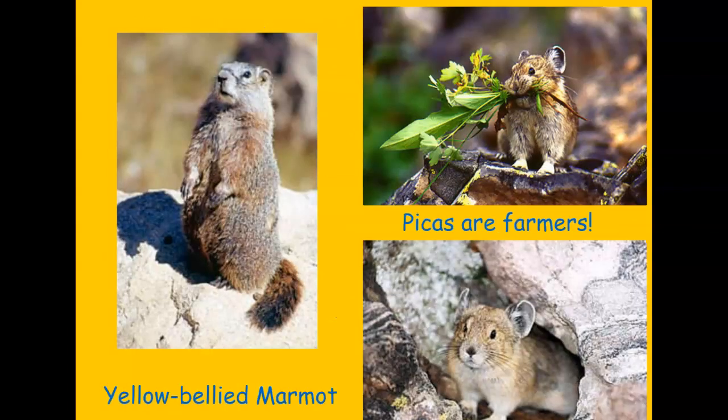So in the alpine, we have a lot of small mammals. We have a lot of animals in the rodent family. So we have pikas, we have marmots, and these are animals that are working very hard. The pika is thought to be the most efficient organism on the planet.